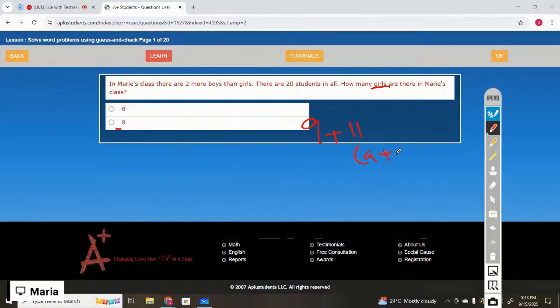So 11 plus 9 is 20, because the total students in class is 20.